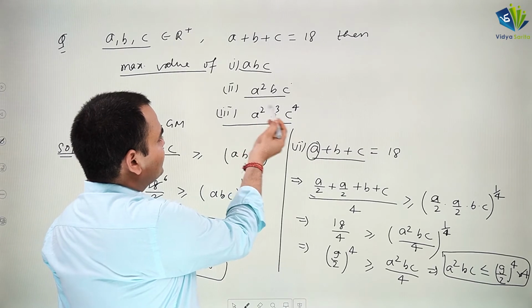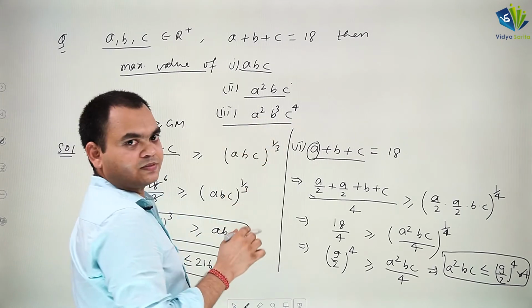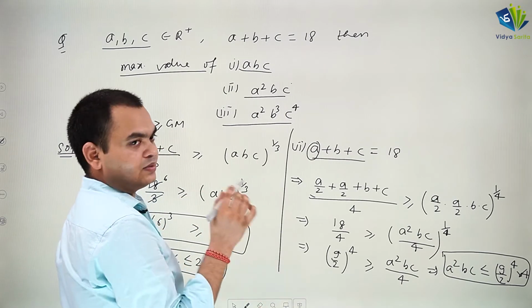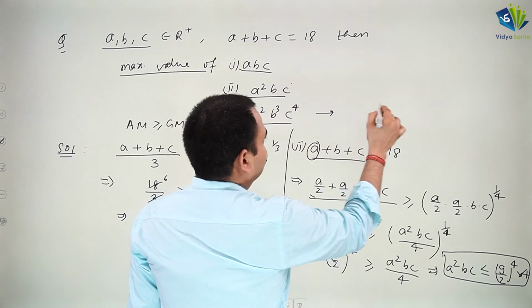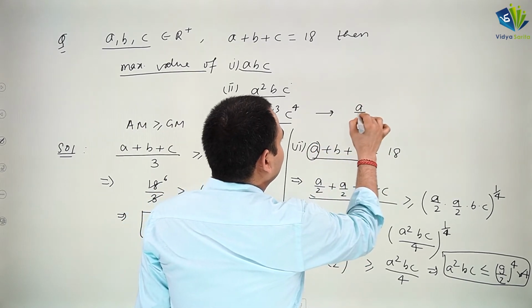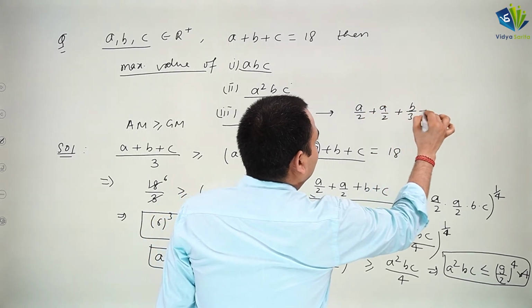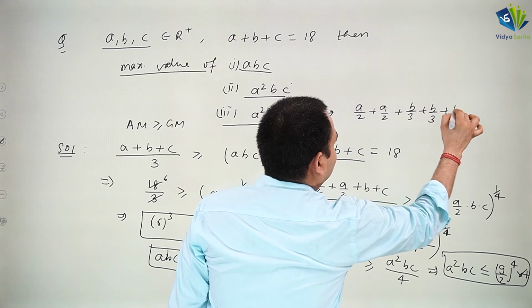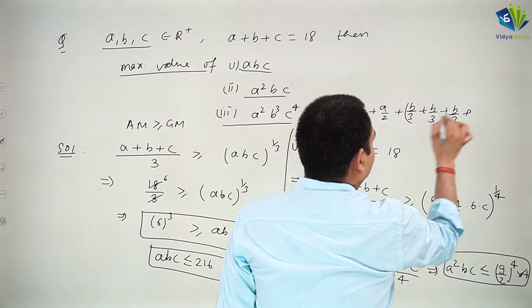A can be split in two parts, so a by 2 and a by 2. Then b can be split up into three parts, b by 3 plus b by 3 plus b by 3. I will show you, like a plus b plus c is given 18, so a can be split up into two parts, a by 2 and a by 2. Then b can be split up into three parts like this, and then c can be split up into 4 parts.